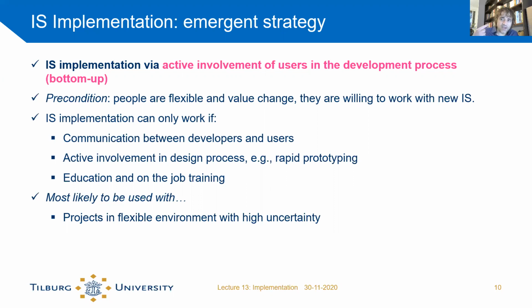So because it's a kind of a cycle of continuous improvement, we call it emergent. And the other one is called life cycle, because that basically means that you plan everything at the beginning and then implement it according to certain stages, like the life cycle.